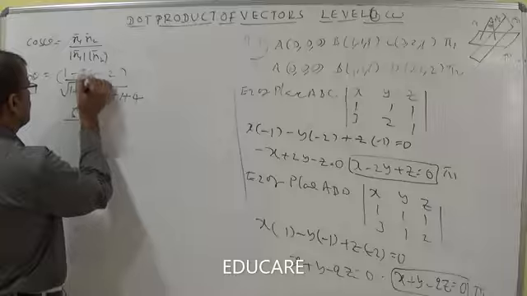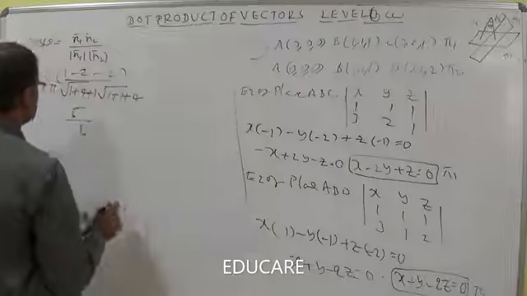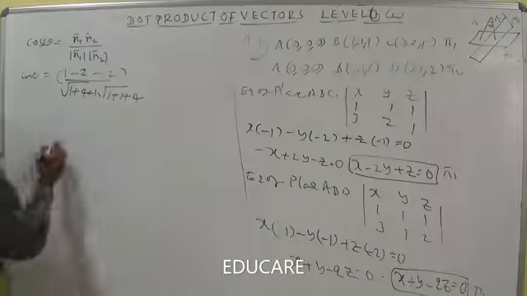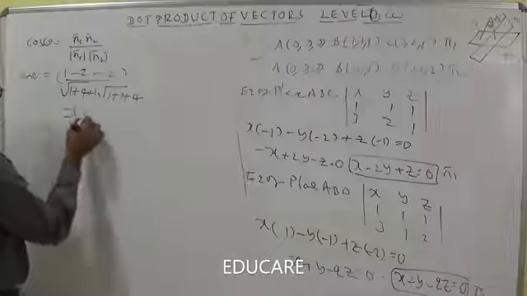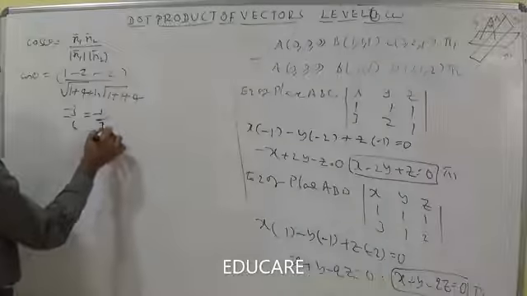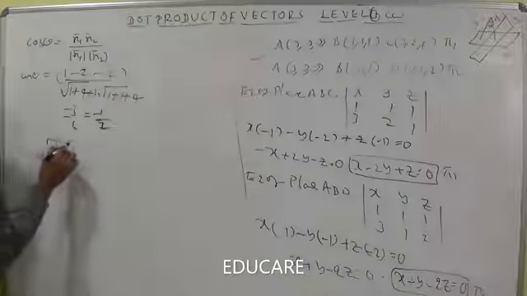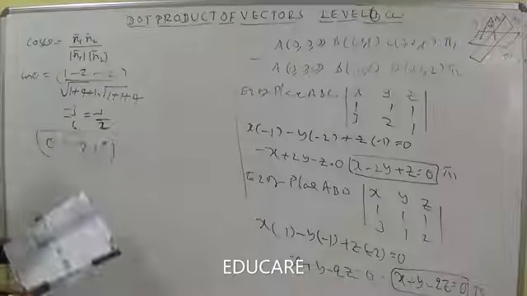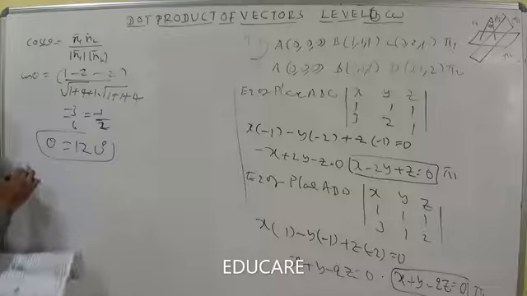Now you will be getting 1 minus 2 minus 2, that is 1 minus 4, value minus 3, by 6 you get. Minus 3 by 6 is minus 1 by 2. The value minus 1 by 2 becomes the cos value of 120 degrees. So, okay, next, 18th one.